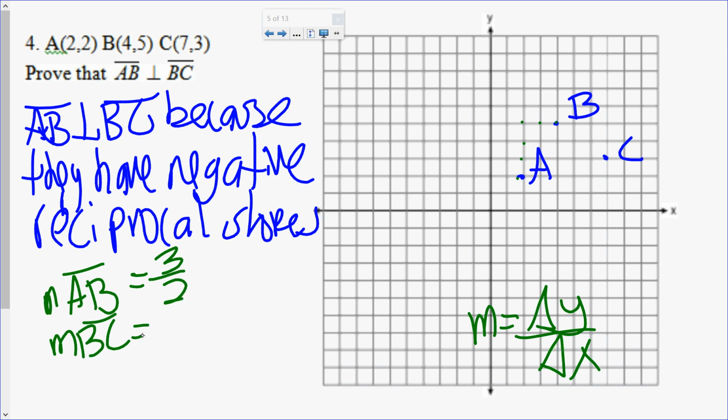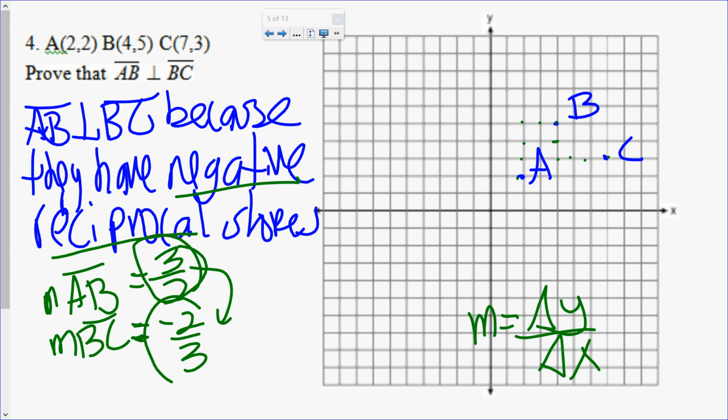The slope of BC is down 2, right 3. Now, they're not supposed to be the same. They're supposed to be negative reciprocals. Are they negative reciprocals? If I flip 3 over 2, do I get negative 2 over 3? Yes, I'm good. I'm done. I'm just showing that they're negative reciprocals of each other, and they are.